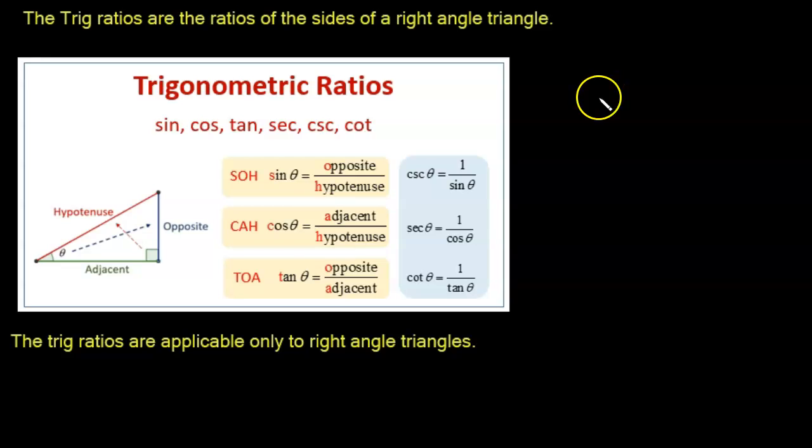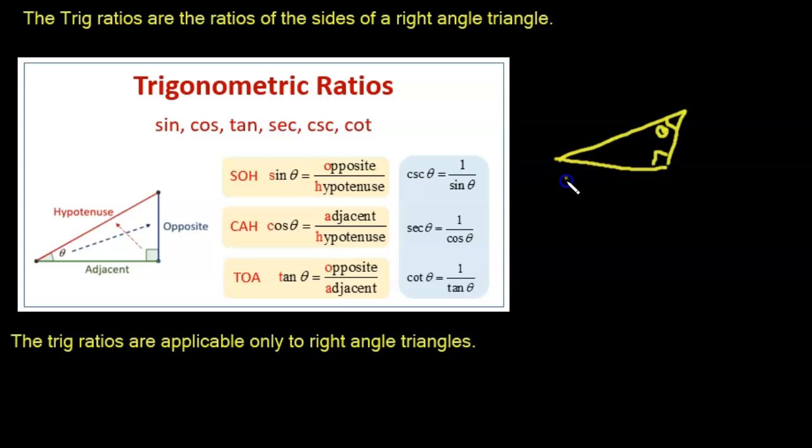But let's say you have another right angle triangle. Forgive the poor drawing. And let's say this is theta, the angle you are referring to. Then which side would be the opposite side? You're correct.